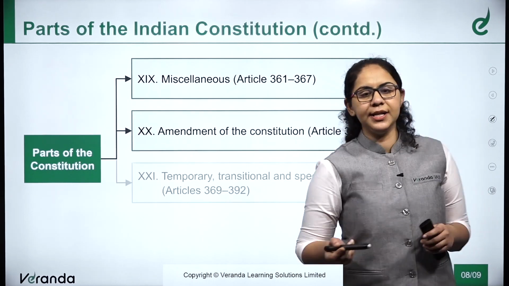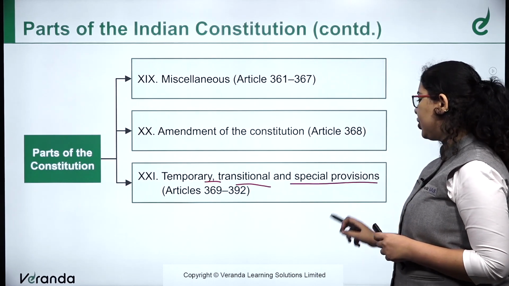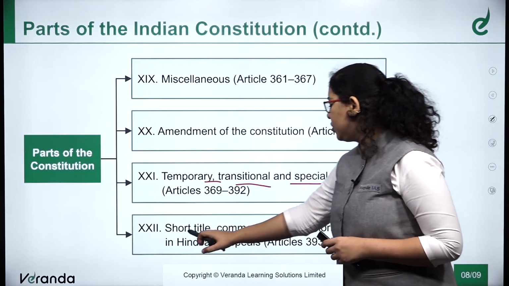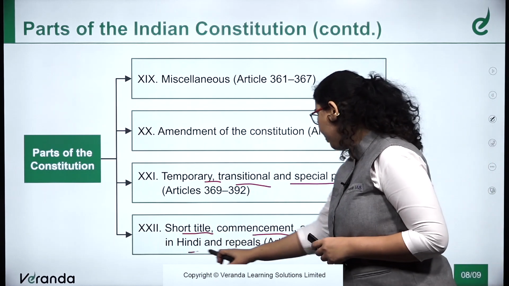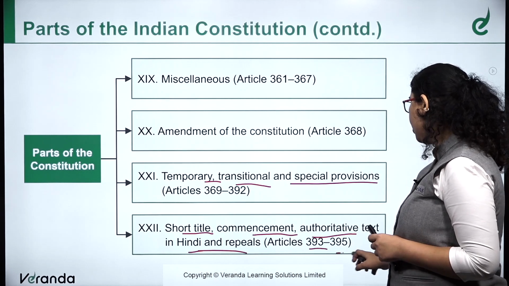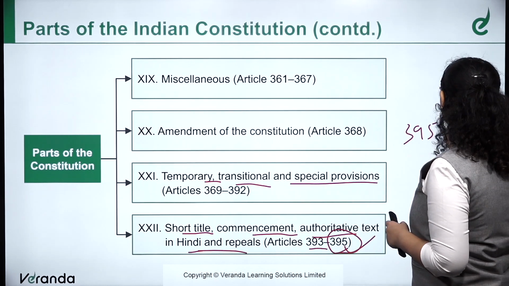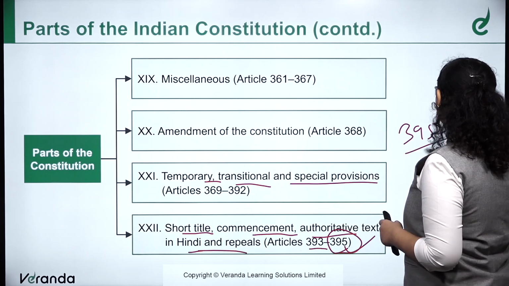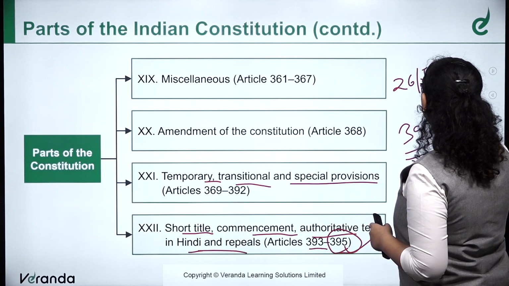The next part is 21, temporary, transitional and special provisions, and 22 is short title, commencement, authoritative text in Hindi and repeals, Article 393 to 395. 395 articles were there in our Constitution when it was adopted on 26 January 1950.